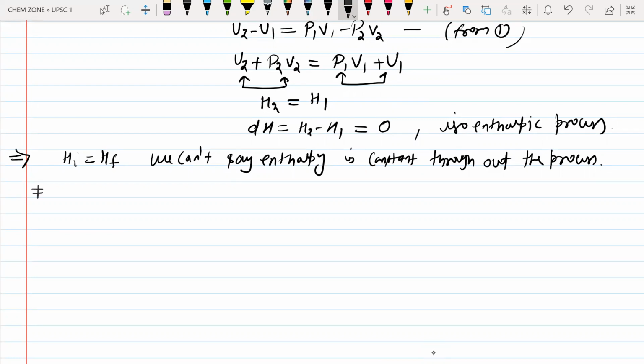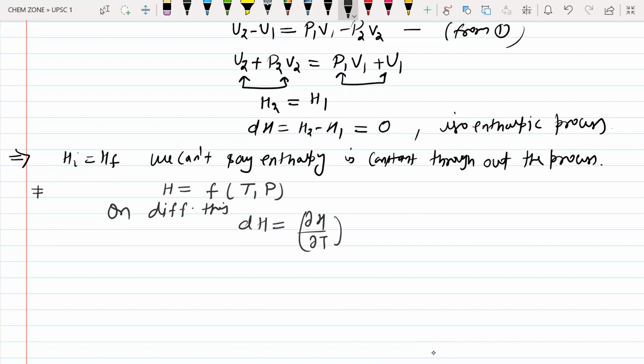Now, to find out the Joule Thomson coefficient, we know that enthalpy is a function of temperature as well as pressure. Now differentiate this. On differentiating, we get that dH will be the partial differential of the first function, assuming the second function as constant.